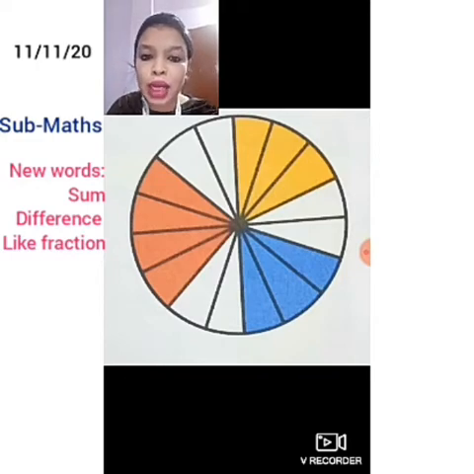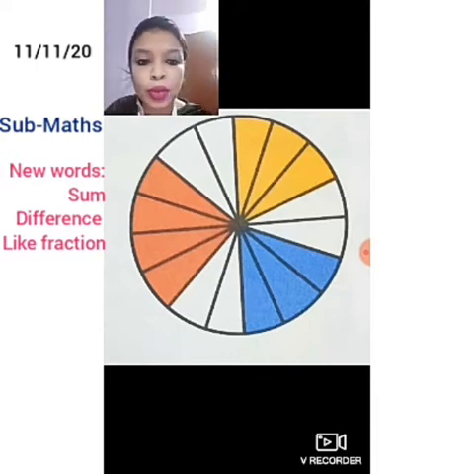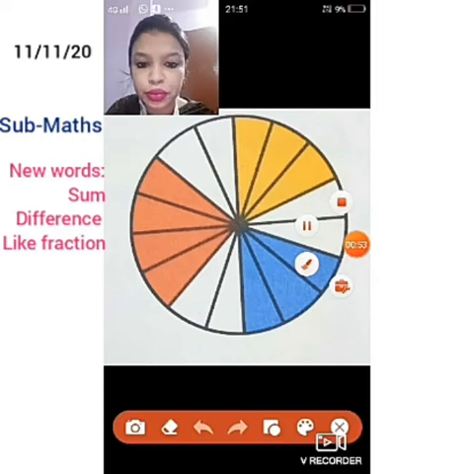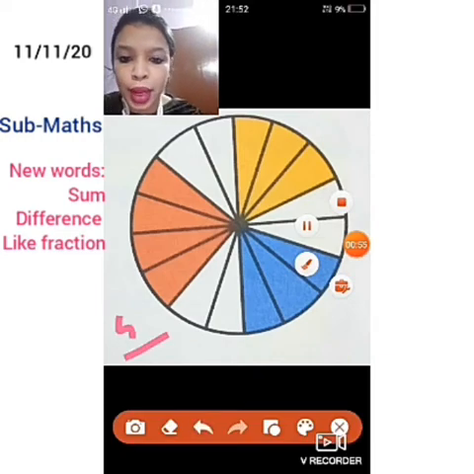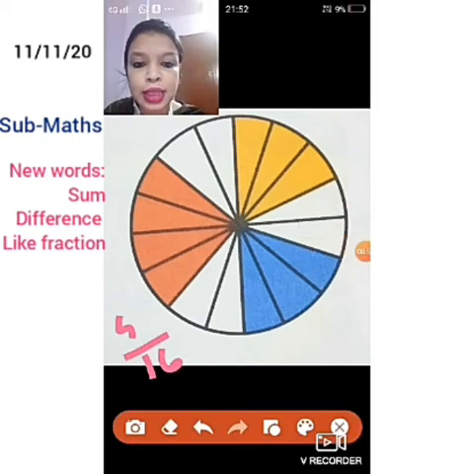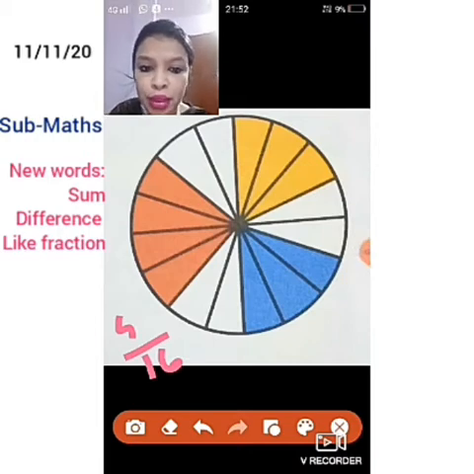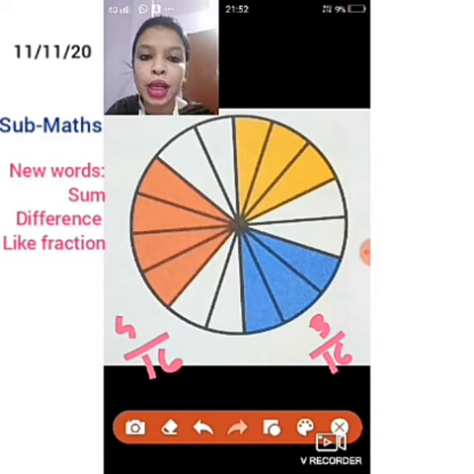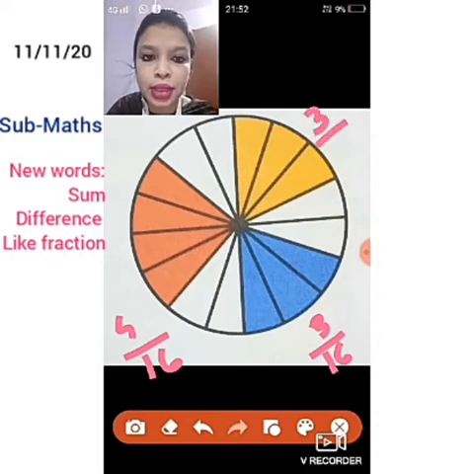Now the colored parts are how many? The orange is 4 parts. If I have to write it as a fraction, the orange will be 4 by 16. Similarly, blue will be 3 by 16 and yellow will be 3 by 16.